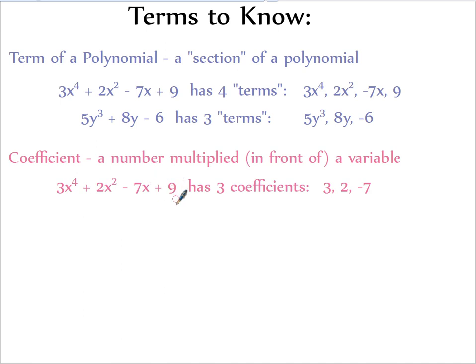The 9 is not called a coefficient because it has no variable. That's called a constant. 5y to the 3rd plus 8y minus 6 has 2 coefficients: the 5 that's in front of the y to the 3rd and the positive 8 that's in front of the y.